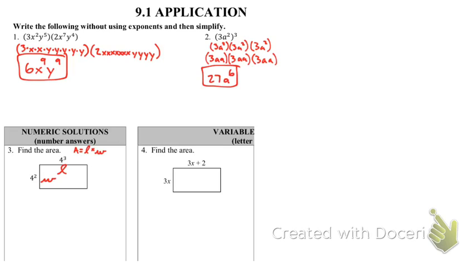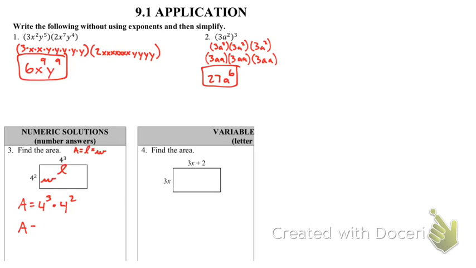My length is 4 to the 3rd. So area equals 4 to the 3rd for length times width, which is 4 to the 2nd. Okay, and then we're going to expand this out, or just answer it.